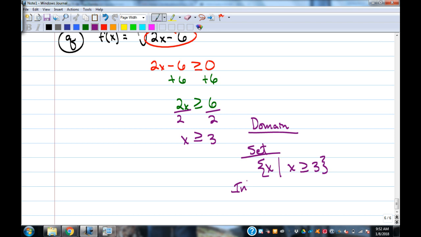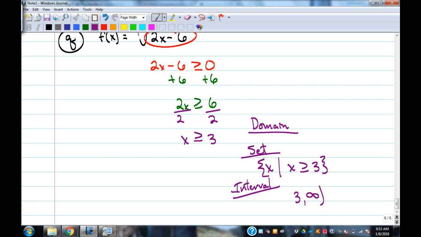That's super easy. The interval notation is really not that hard either, though. What's the smallest number that we are going to use here? 3, because everything's got to be 3 or bigger, right? So 3 is the first number. And then it goes up from there to positive infinity. Now, here's the difference. That's got an equal to mark.